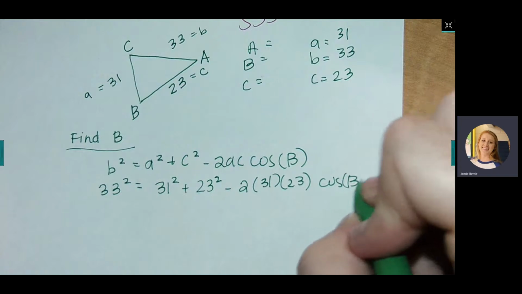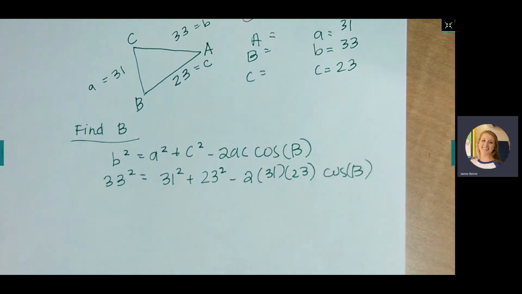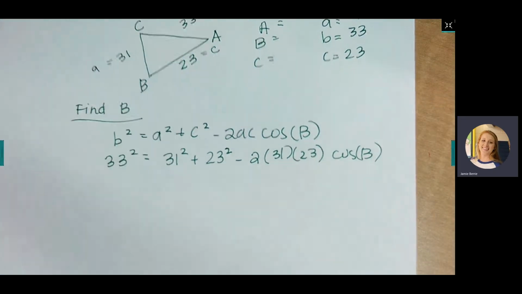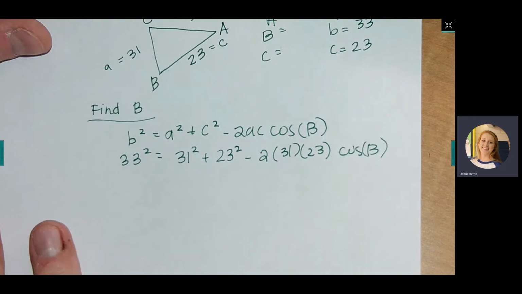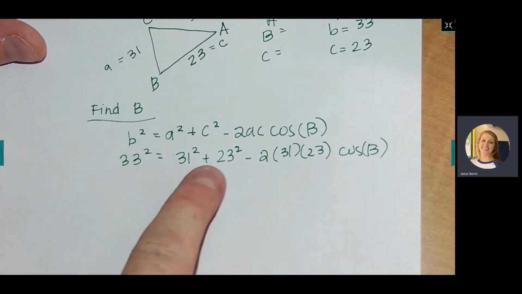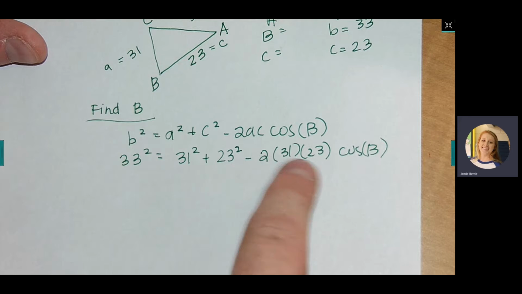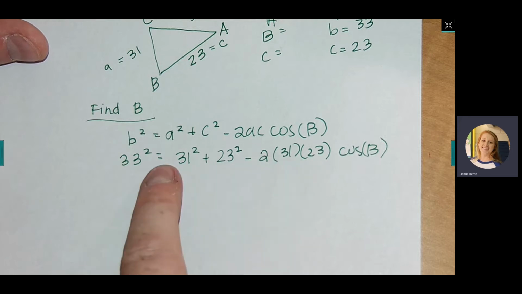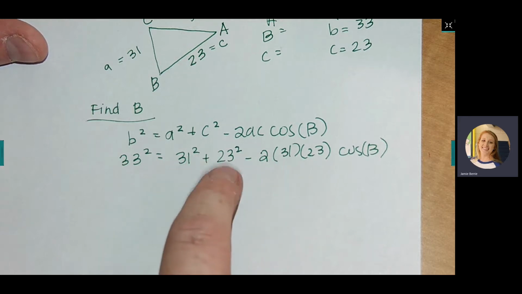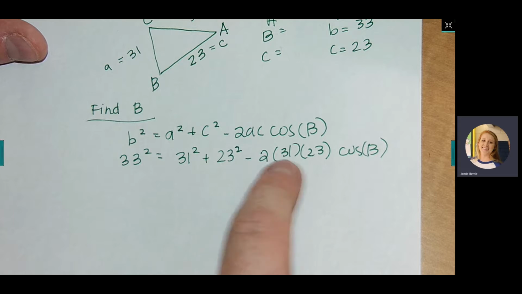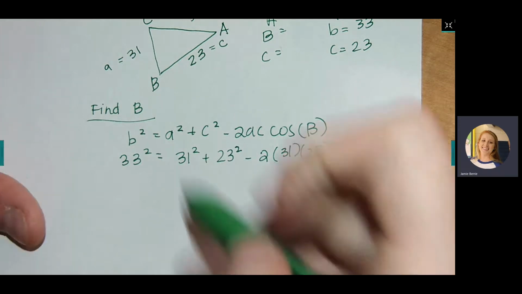And this is the one where you have to do all that work at the beginning, side, side, side. The first step is really long. So you've got to subtract over those two terms in the front that are being squared, and then divide by the coefficient.